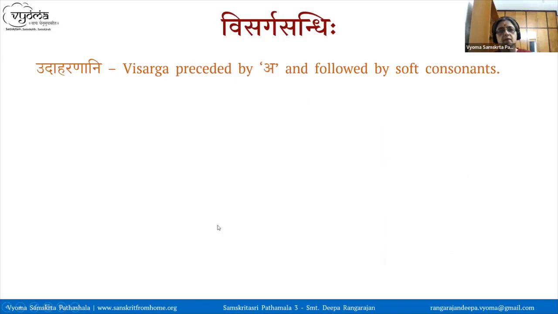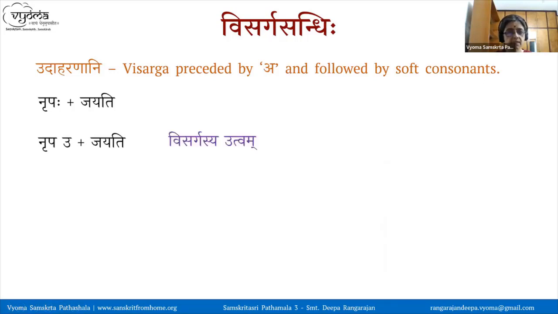Next is when visarga is preceded by akara and followed by a mridu vyanjana or a soft consonant. Dripaha jayati. Dripa u jayati. This is the visargasya utvam. Dripo jayati is gunasandhi.